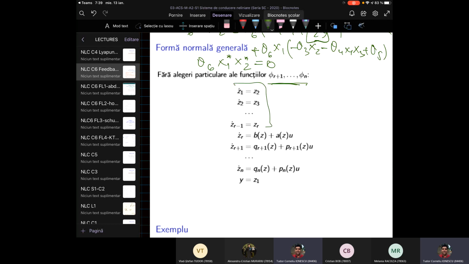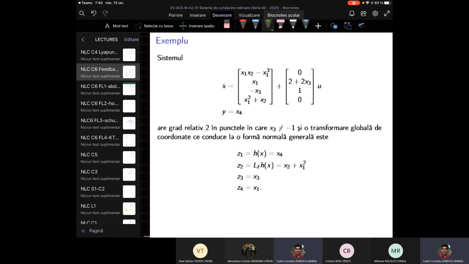This is already fixed, given by the relative degree. And this is what is left. Because they are general, they also create a dependency on u, which is this one. So this is more general than what you have seen before.